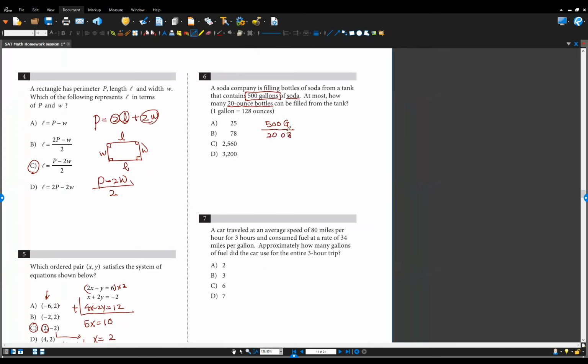That's it, but we have 2 different units, so we better change gallons to ounces. 1 gallon is 128 ounces. Substitute 500 times 128 ounces, isn't it? And over 20. So how much is this one?